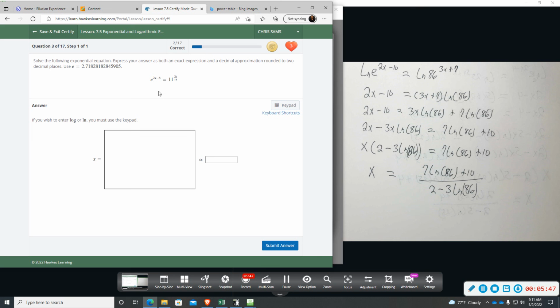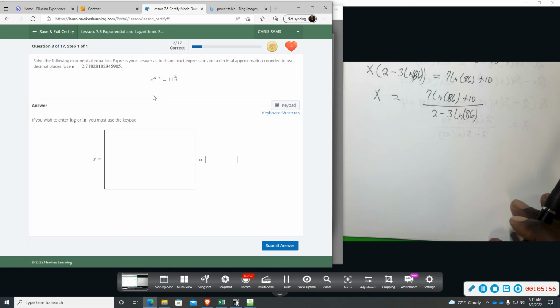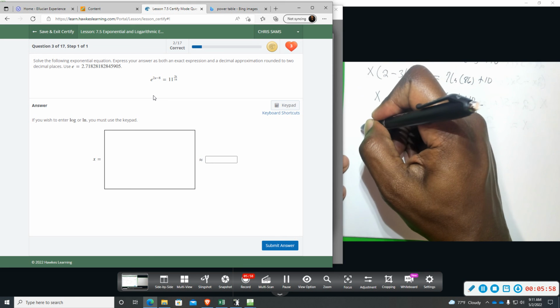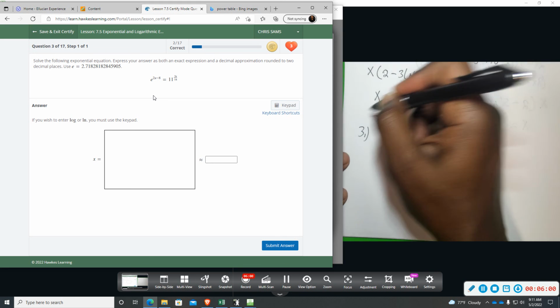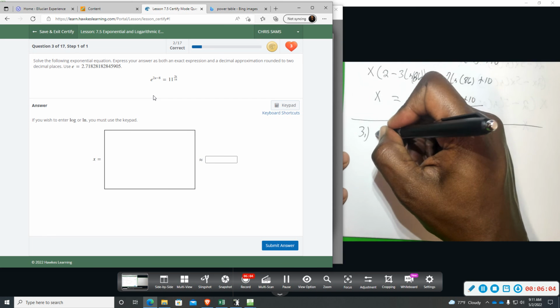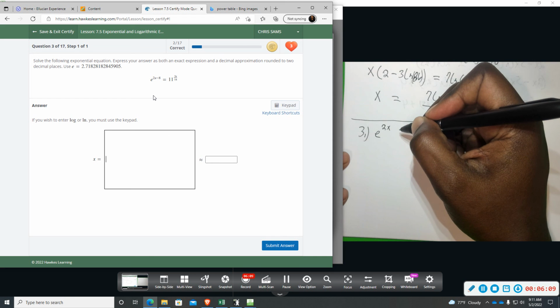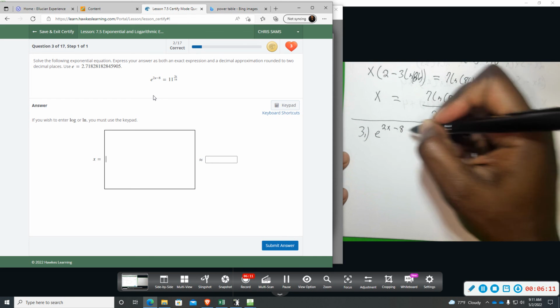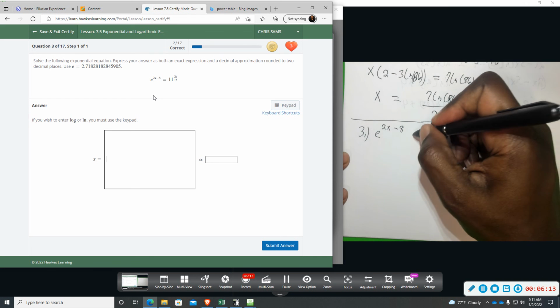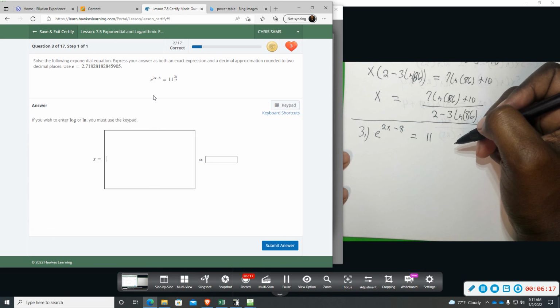All right, so something similar with number 3. Let's go ahead and try to work that one here as well. We have e to the 2x minus 8 power equals 11 to the 3x divided by 14 power.